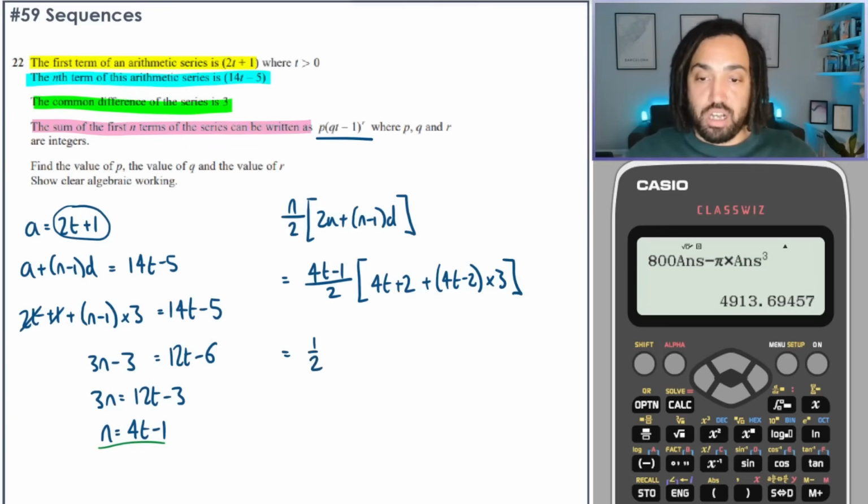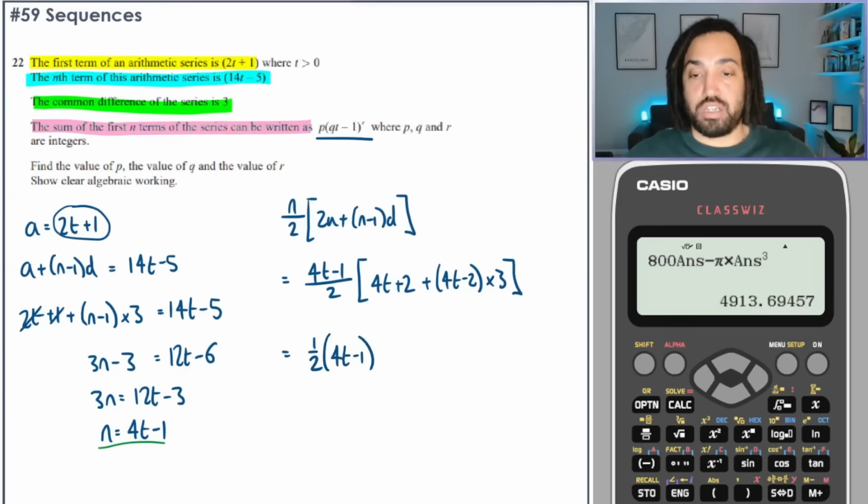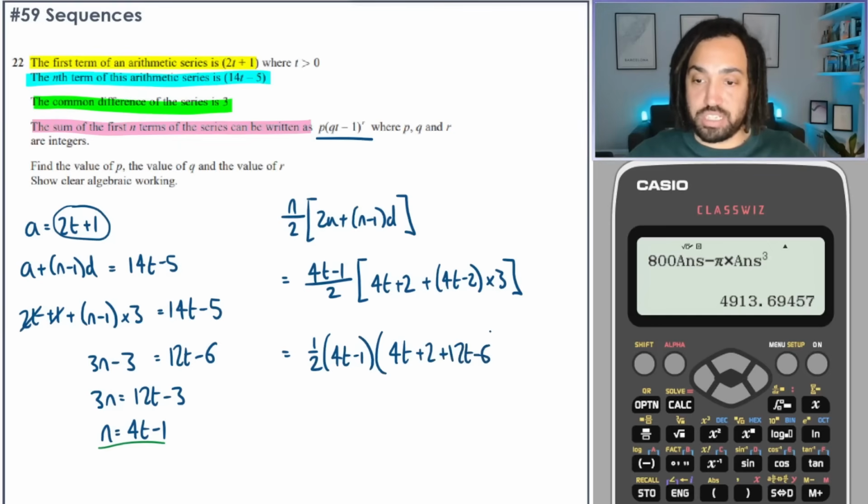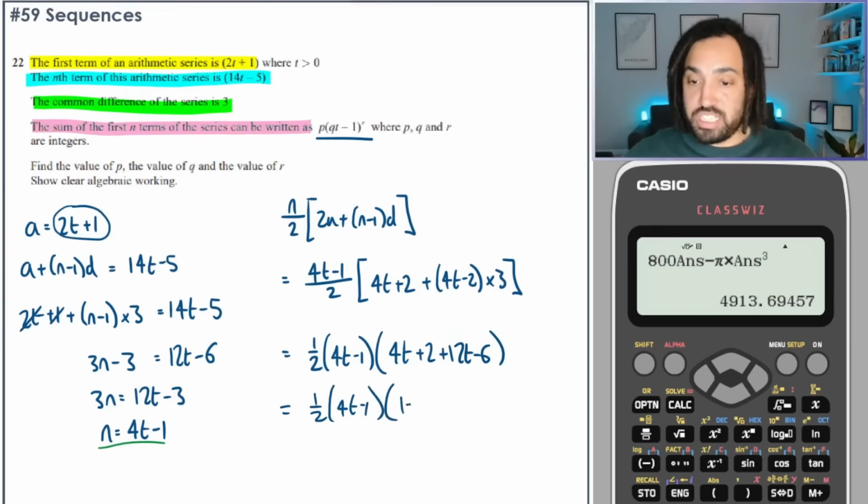So this is like a half times 4t minus 1. Just rearranging that bit at the front. And then this big square bracket is the same as, what am I going to get? I'm going to get 4t plus 2 plus 12t minus 6. So that is 16t minus 4.